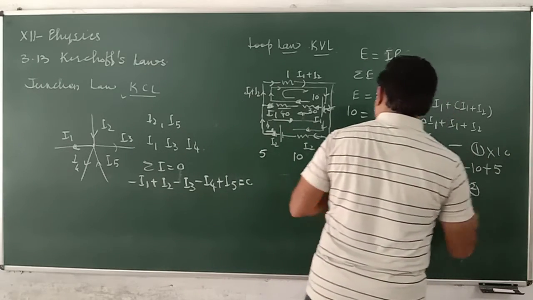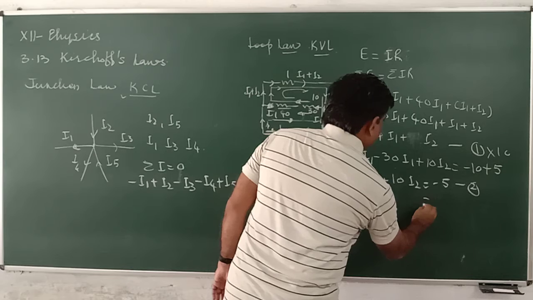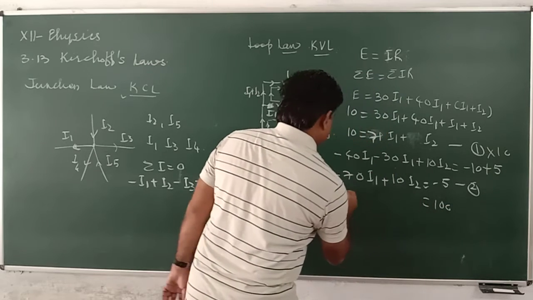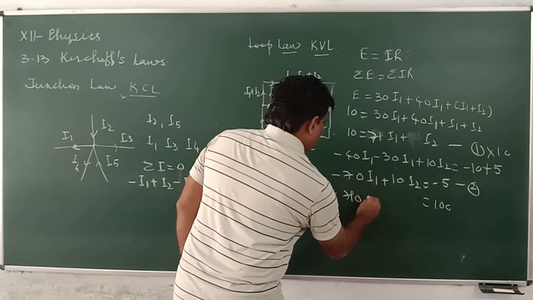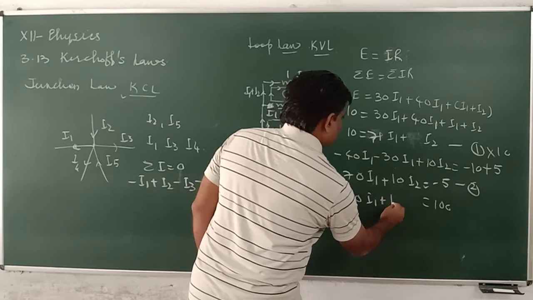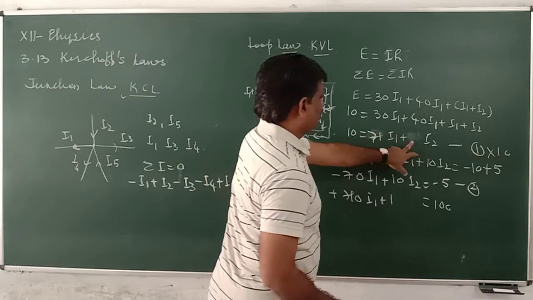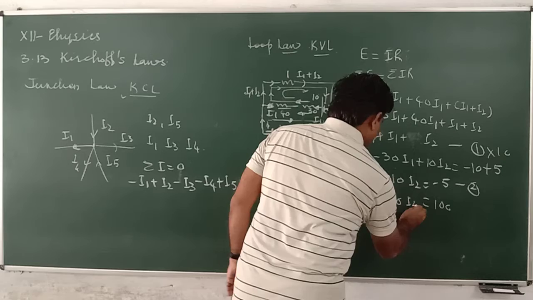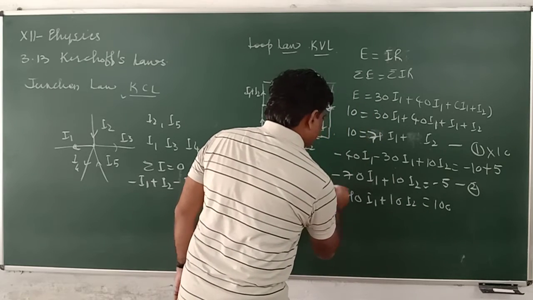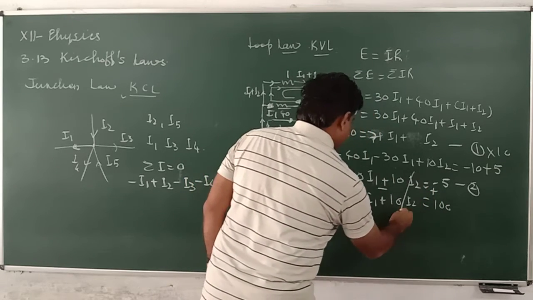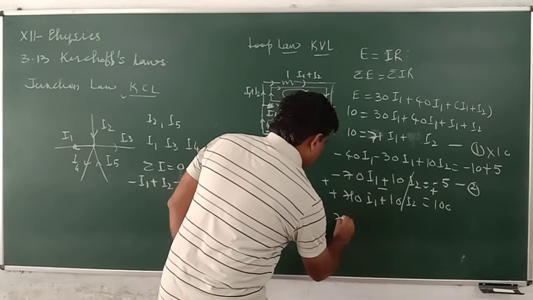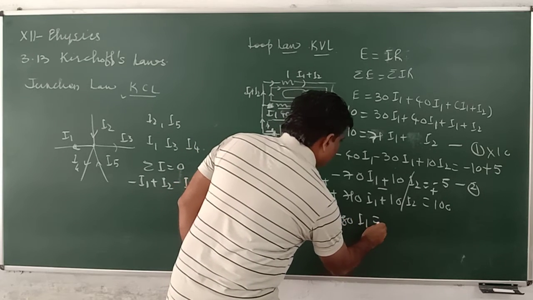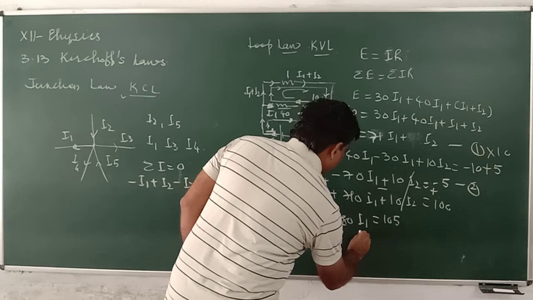Multiply this by 10, and we get 100 I1 plus 10 I2. If I subtract, plus, minus, plus, this cancels. Adding, 780 I1 is equal to 105.